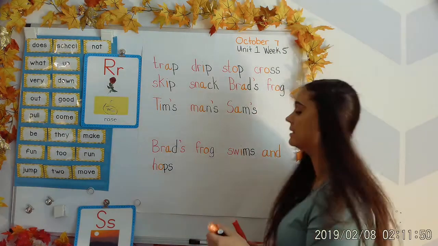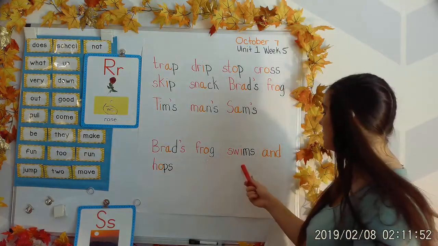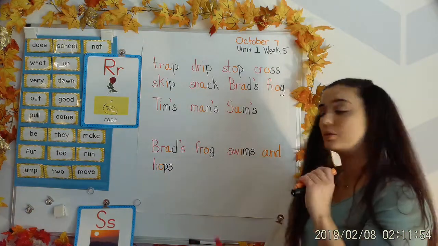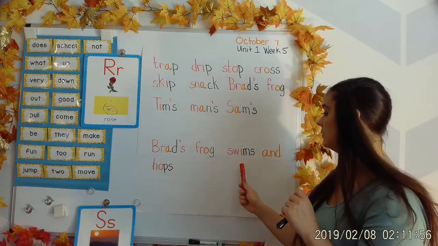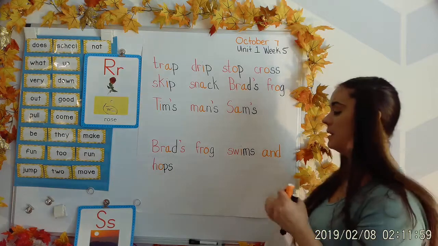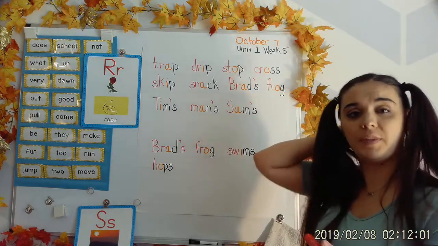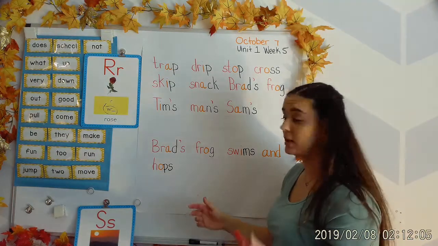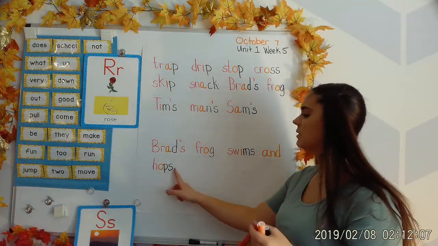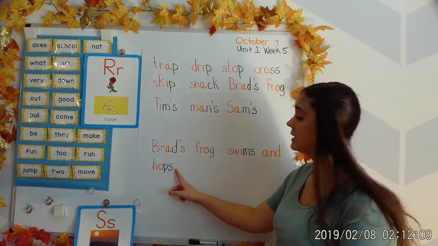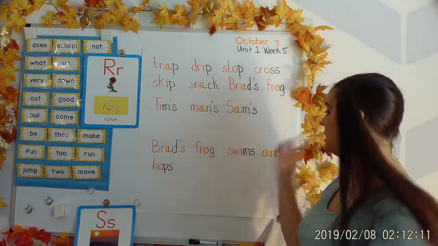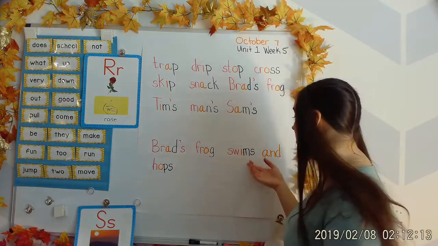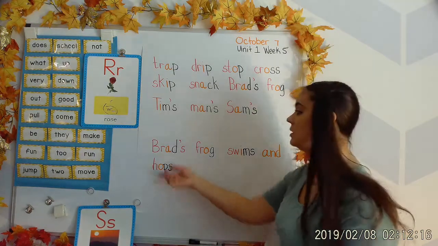Okay, so let's read our sentence. Brad's frog swims and hops. Your turn. Excellent. So our sentence is missing something. What's our sentence missing? Our sentence is missing punctuation. And punctuation is something that always comes at the end of a sentence. So in this sentence, Brad's frog swims and hops.